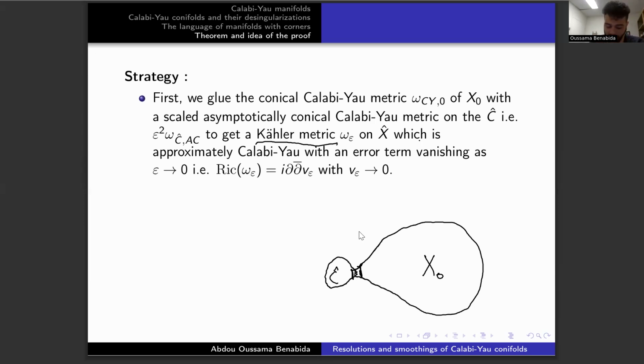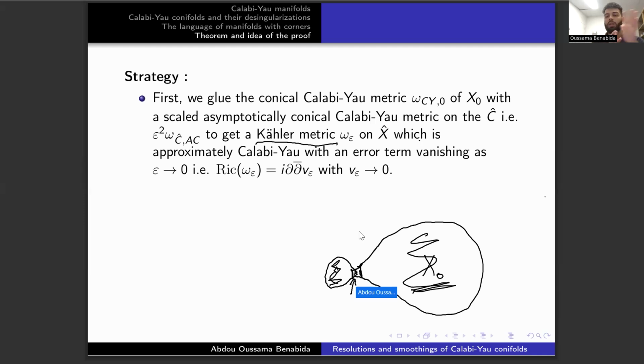So this will give us a metric omega epsilon on x hat. Why x hat? Because x hat is just x0 plus C hat. And it is Kähler Ricci-flat in this part, and Kähler Ricci-flat in this part.